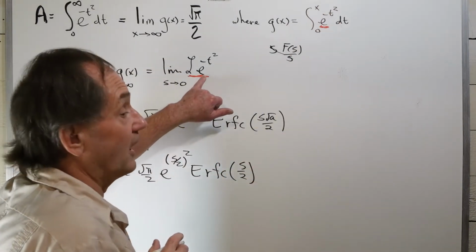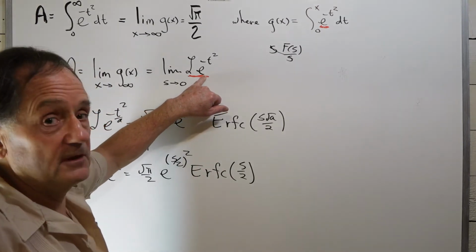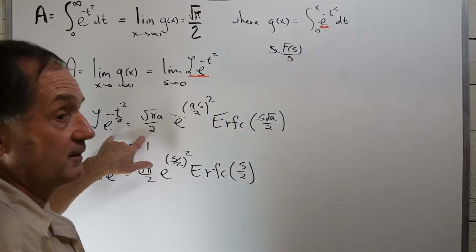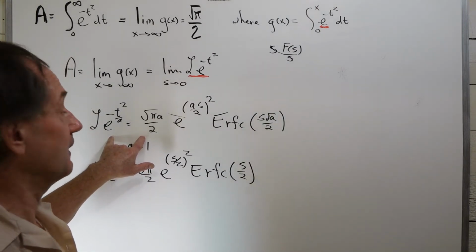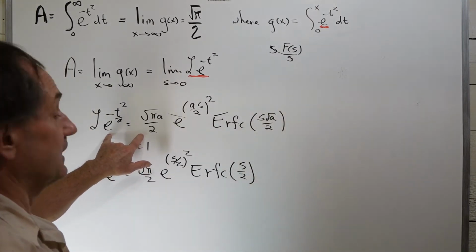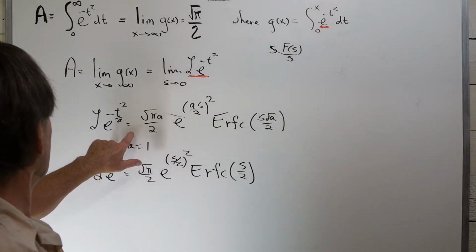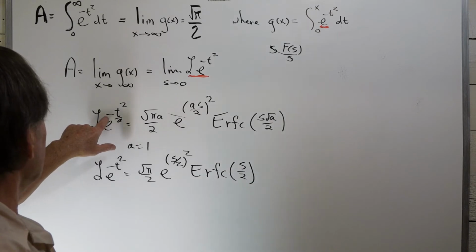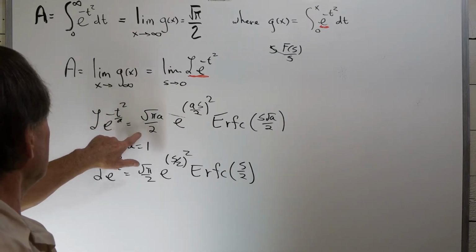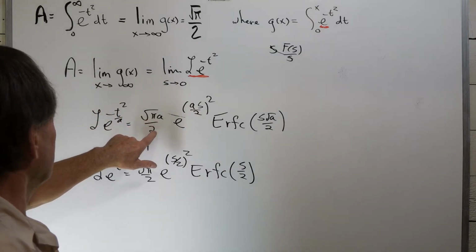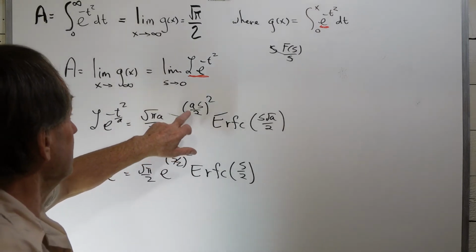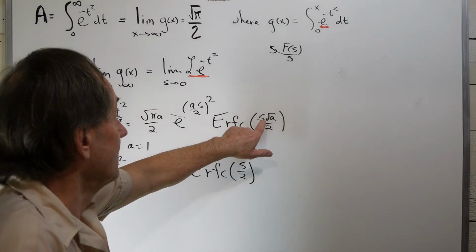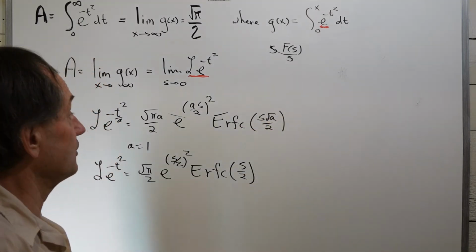So all we have to do now is find the Laplace transform of e to the minus t squared. And what I just showed, from the tables of Laplace transforms in Roberts and Kaufman, is that the Laplace transform of e to the minus t squared over a is the square root of pi a over 2, e to the as over 2 quantity squared, times the complementary error function of s square root of a over 2.